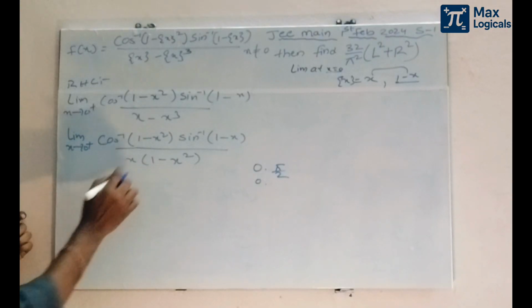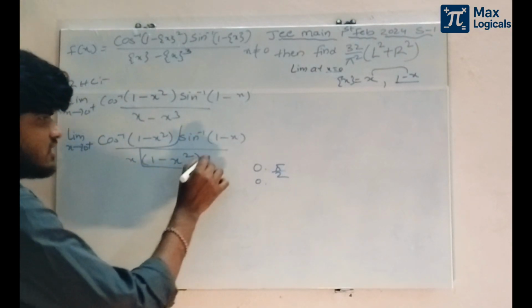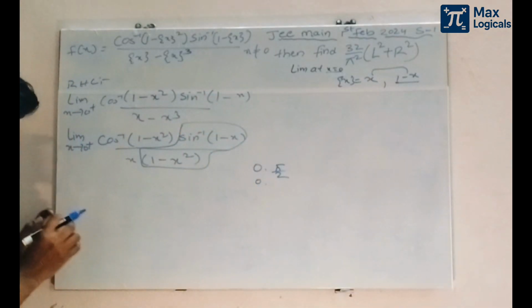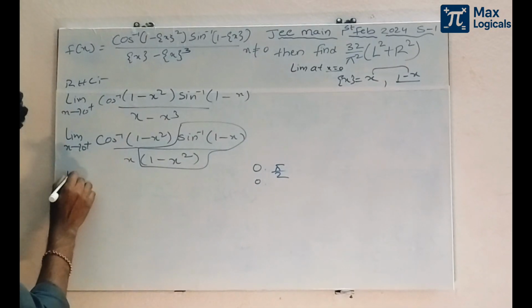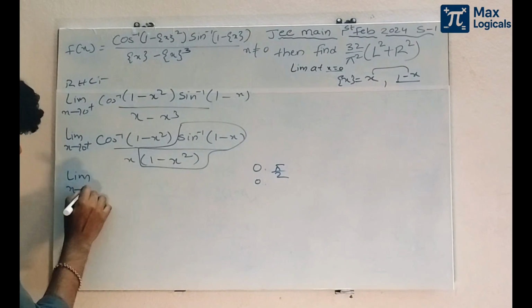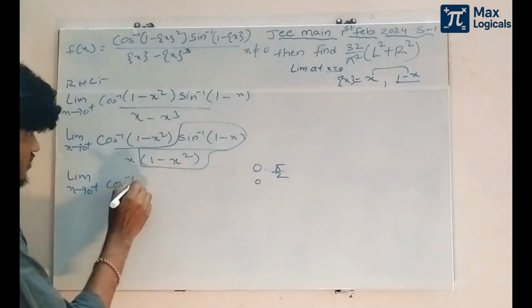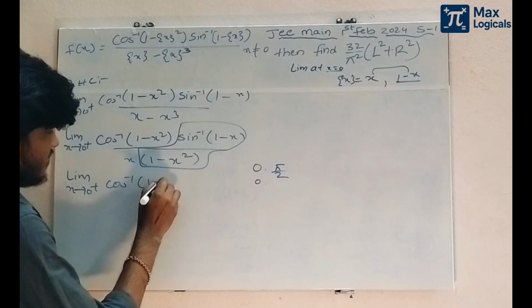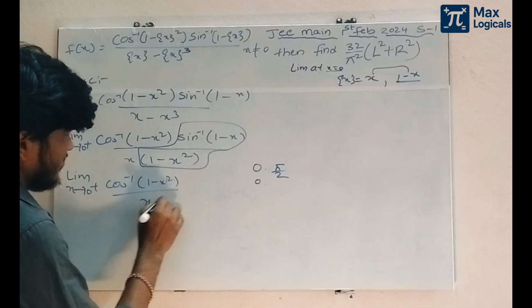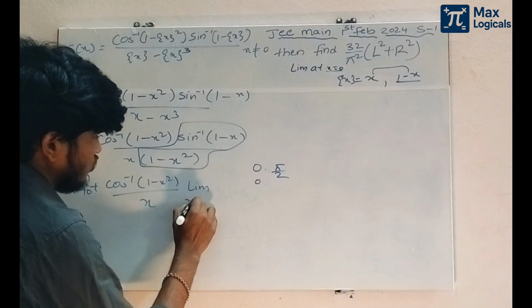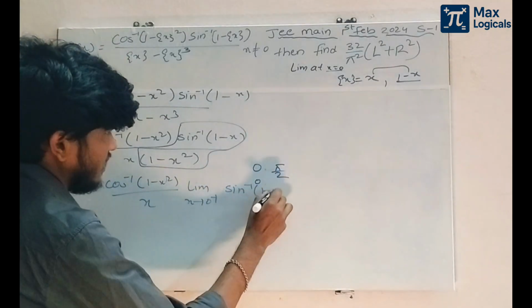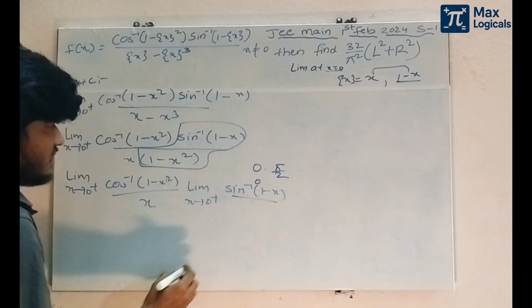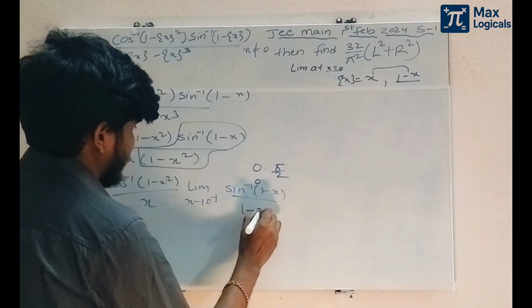We don't have a problem with these two functions, so we divide the functions: limit as x tends to 0 plus of cos inverse of 1 minus x square by x, times limit as x tends to 0 plus of sin inverse of 1 minus x by 1 minus x square.